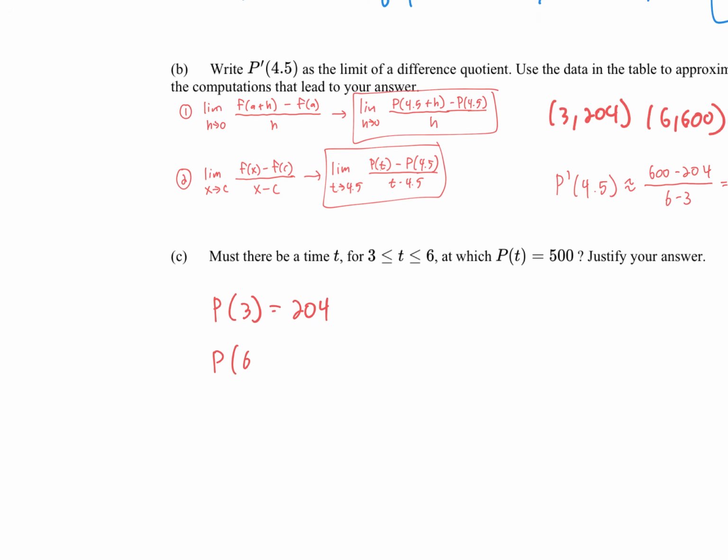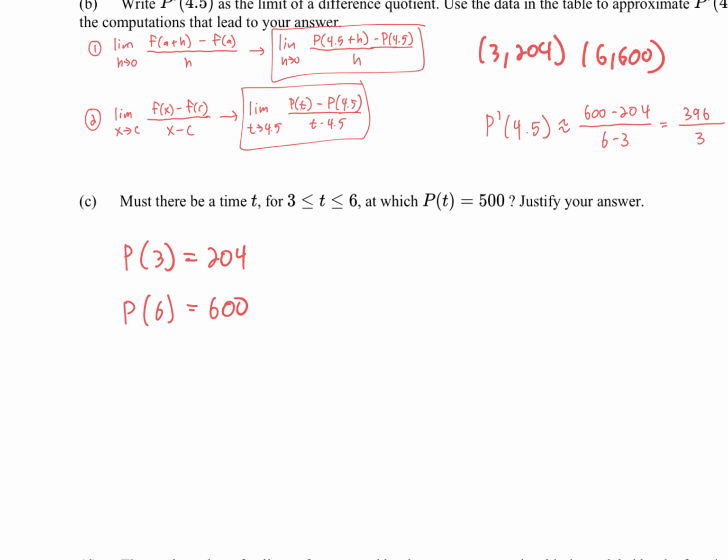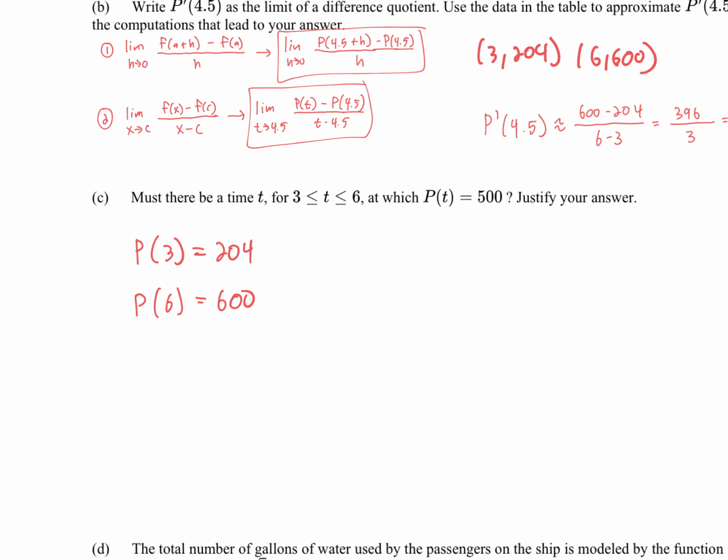And then p of 6 is 600. Okay, so notice that 500 is in between these.